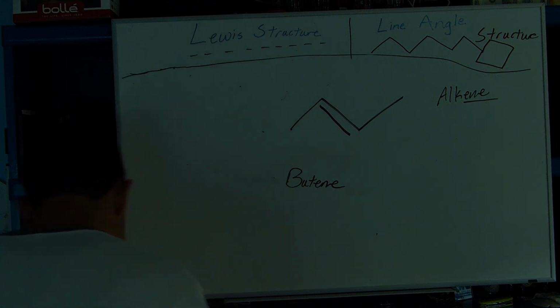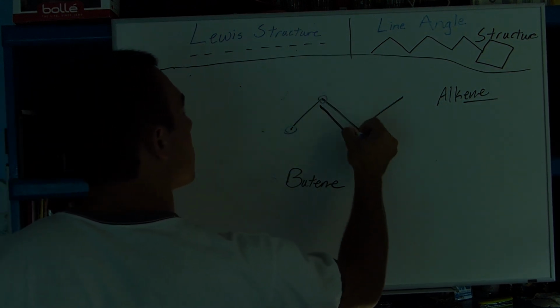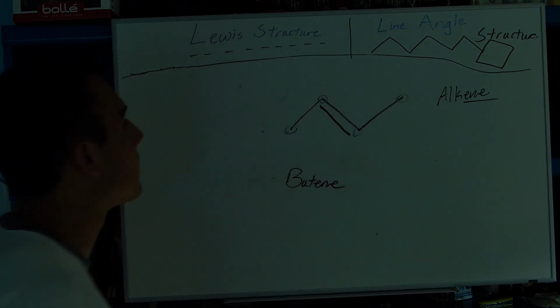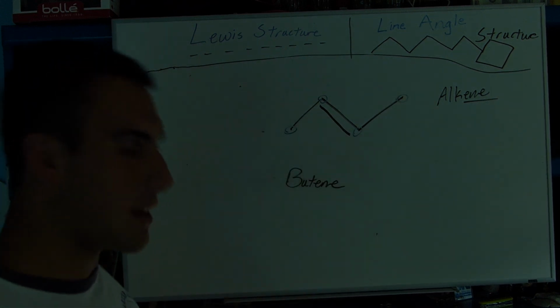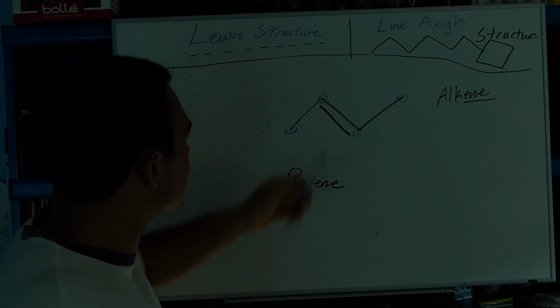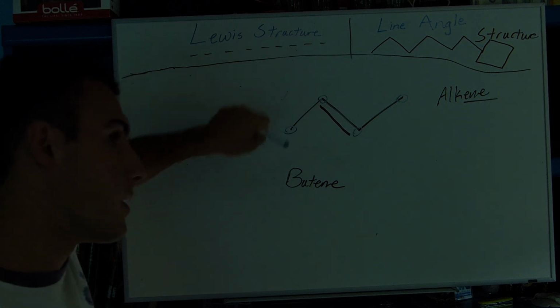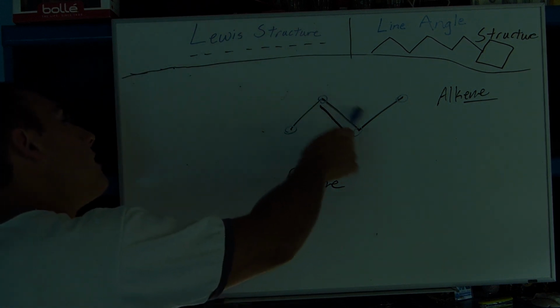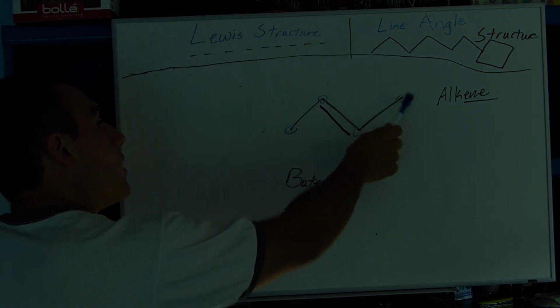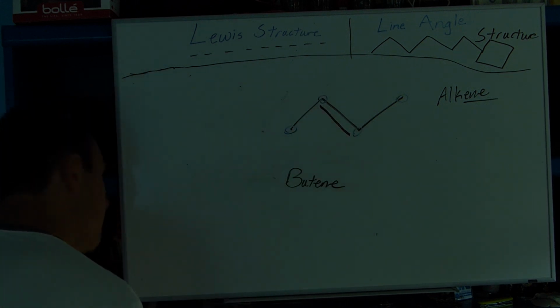So let's count the carbons. 1, 2, 3, 4. So since this is a butene, we don't have to be selective where the double bond is. Now if the double bond was over here, we'd hit that right off the bat. But instead, either way it's 2. 1, 2, 1, 2. So it doesn't matter which way you count.